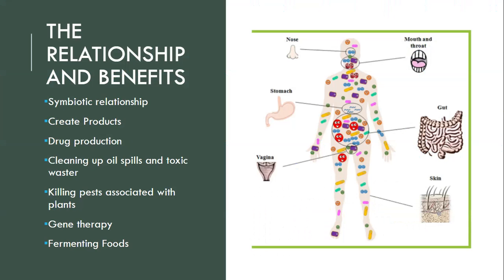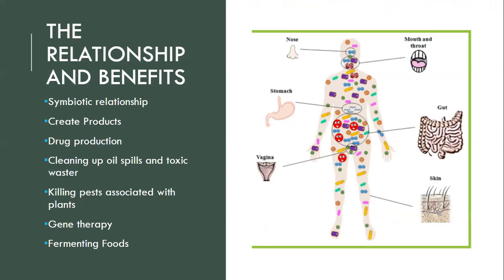We can also use bacteria to create a lot of products, such as ethanol, like all of our ethanol plants around here. We use it for drug production to make vaccines, especially now that people have egg allergies. Through genetic recombination, we can introduce certain segments of antibodies into them, and then they'll produce them, and we can use them to make vaccines.